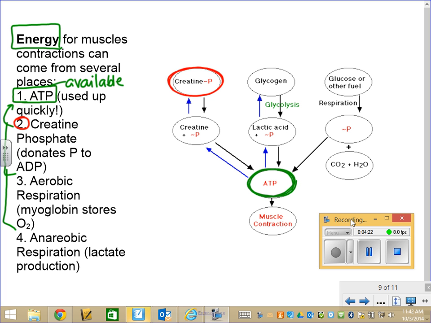So creatine phosphate could donate the phosphate group to ADP, since we already know that's how you make ATP. Creatine phosphate breaks apart and you'll see that it becomes creatine plus phosphate. And if we add that to ADP, that's how we get our molecule of ATP.